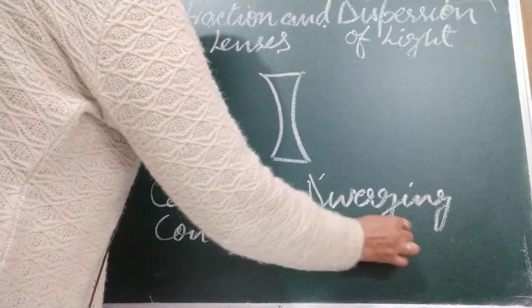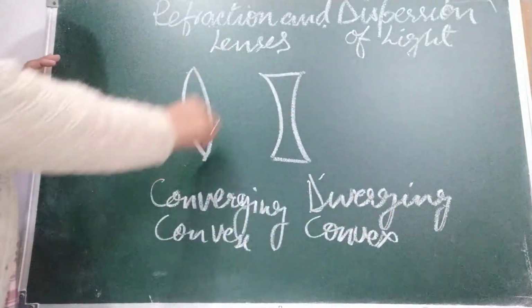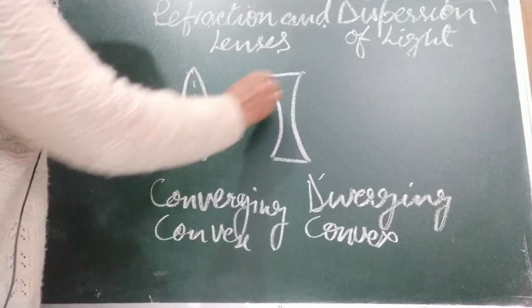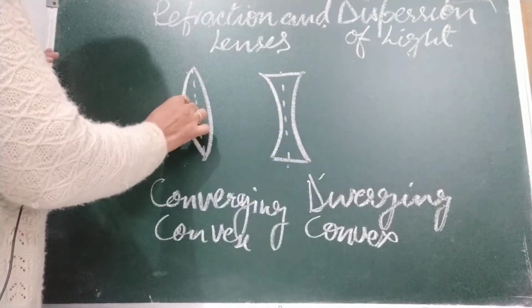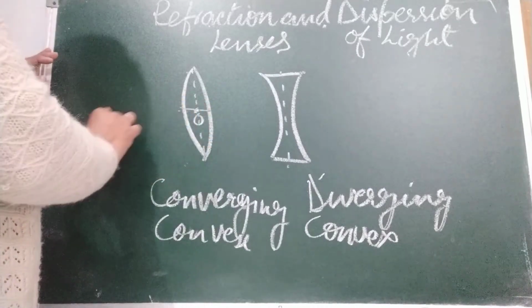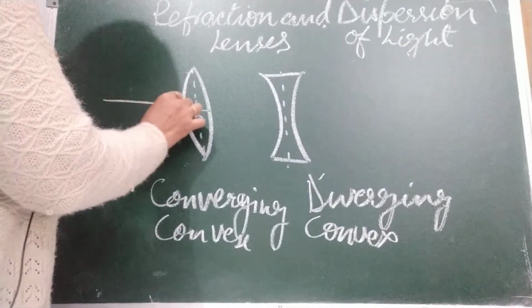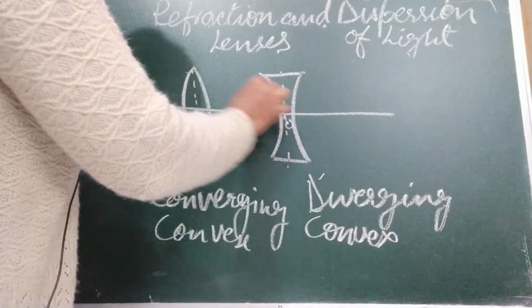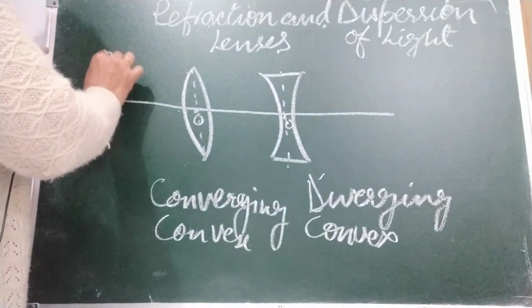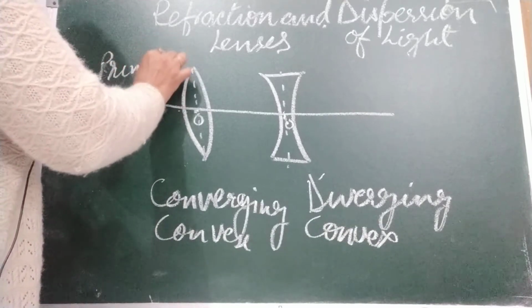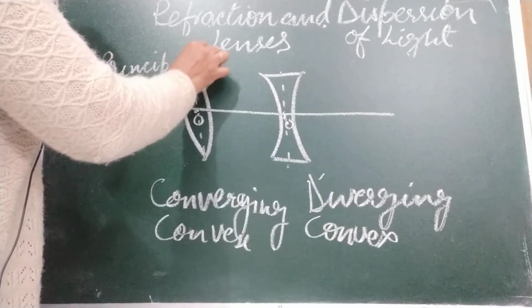First we are going to discuss the different parts of these lenses. This point is called the optical center and the line passing through this optical center is called the principal axis.